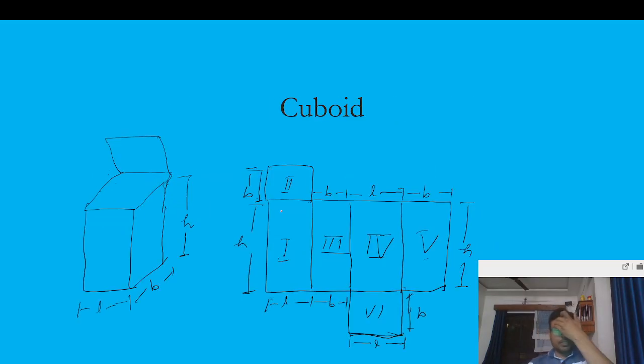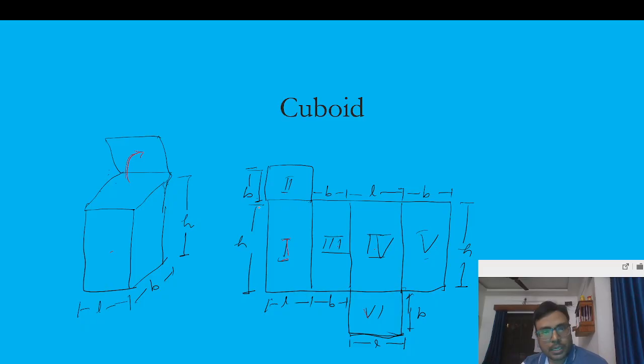Now first we will see cuboid. The best example of a cuboid is a matchstick box. When you open an empty box, it will be like this only. You flip it up, and if you open from each of the joints, it will open like this. So if you number the rectangular shapes, number this one first, second, third, fourth, fifth and sixth.